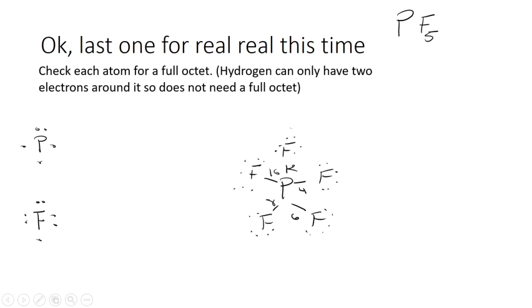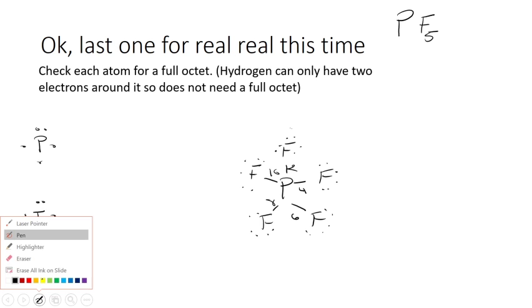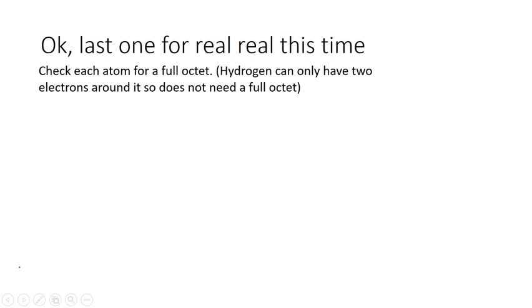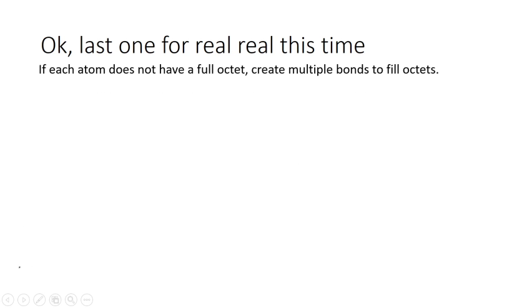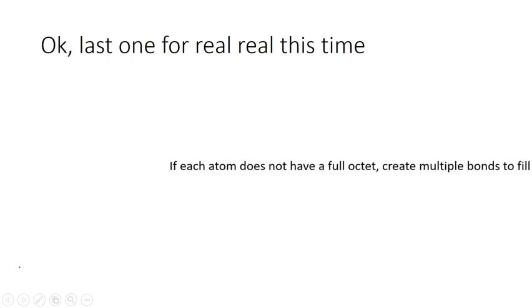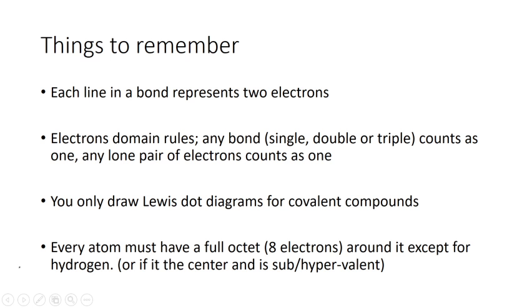However, because phosphorus falls into that category, being in row 3 or beyond, it is hypervalent, it is the center, so therefore it is okay for it to have more than a full octet. That is perfectly fine. That is what hypervalent will look like. Don't need multiple bonds.